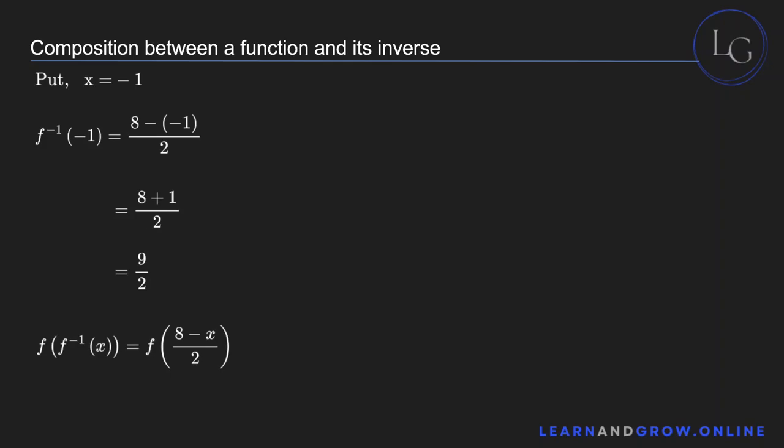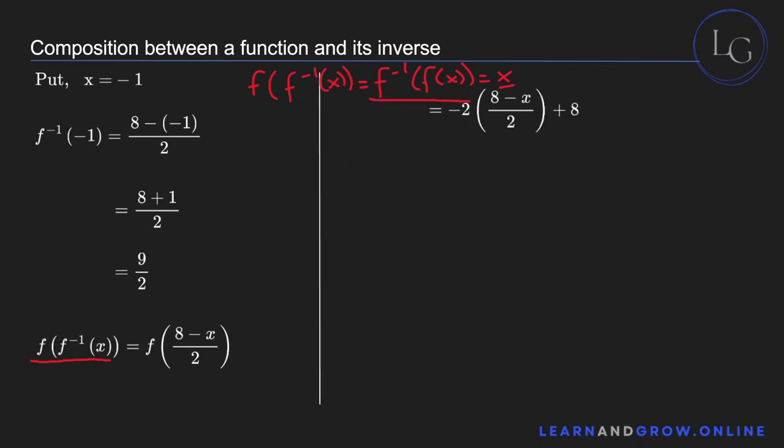Now, what did we have to find? We had to prove that f of f inverse of x is equal to f inverse of f of x, which is equal to x, right? So first let's prove that f of f inverse of x is equal to x, and then we'll prove f inverse of f of x after this.